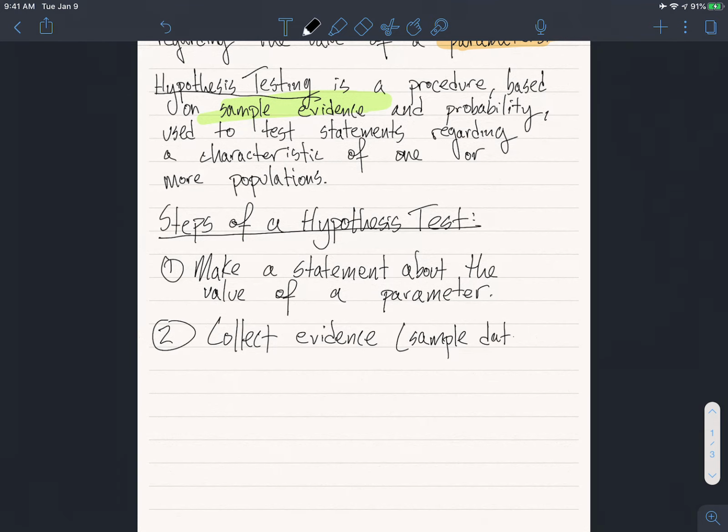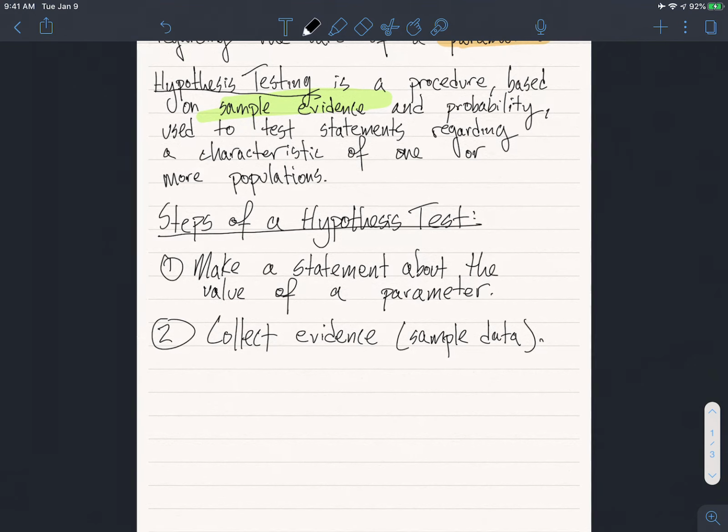There's no way to actually go out and talk to every single person in the world. Are you right-handed or left-handed? To test the statement.